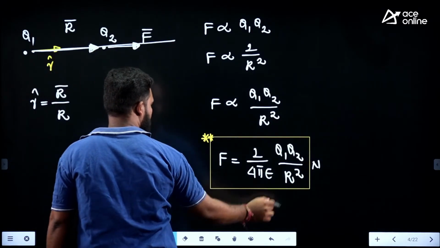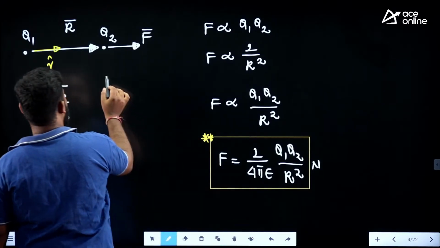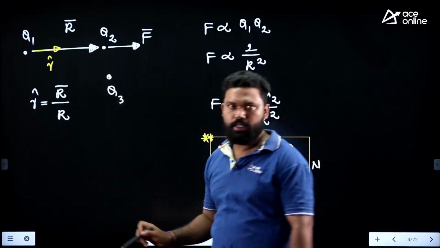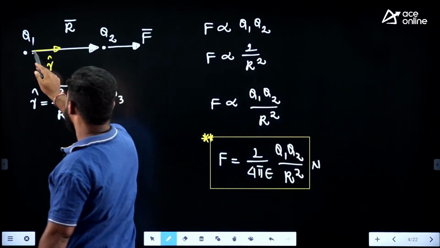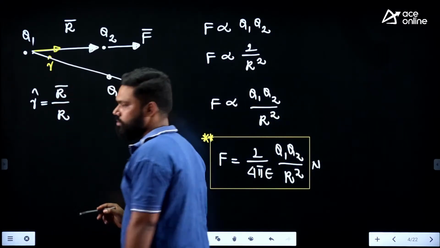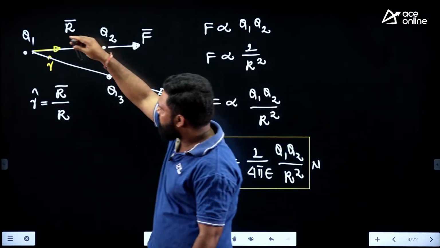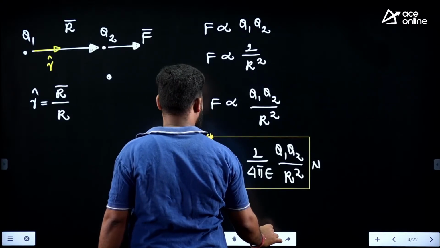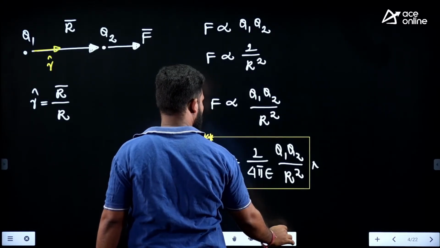Suppose, for example, the charge is somewhere here, it is Q3. Then what is the force direction on this one? Line joining 2 points. This is the force direction. Then the unit vector will be like this. The unit vector talks about a direction with magnitude 1.